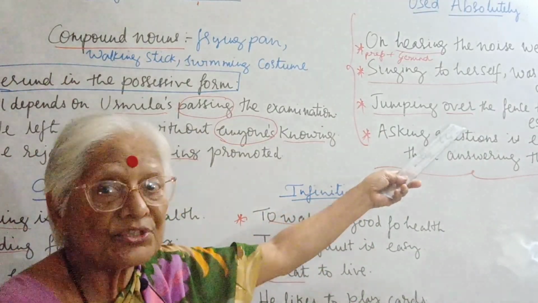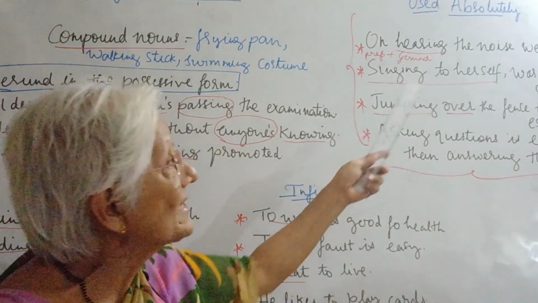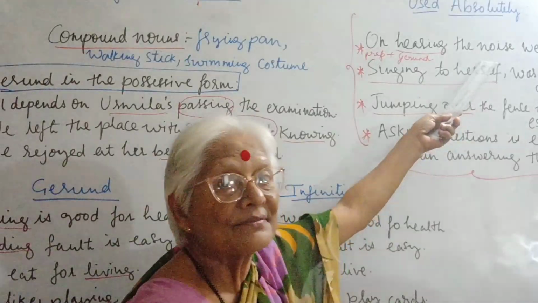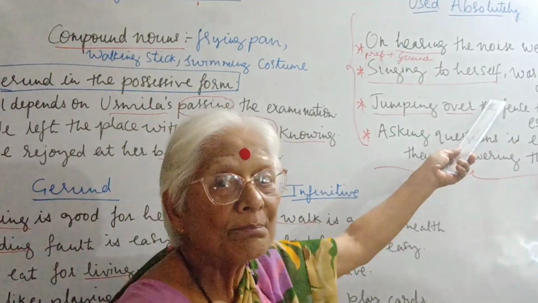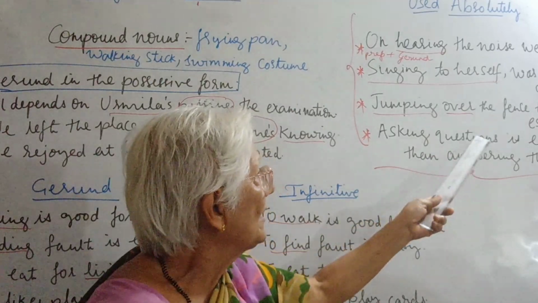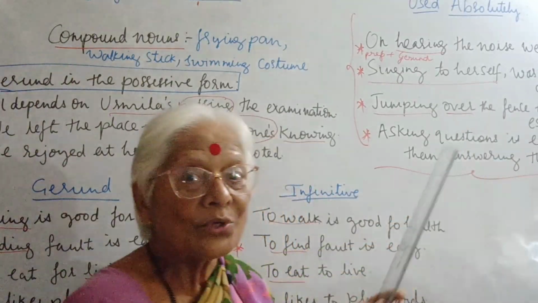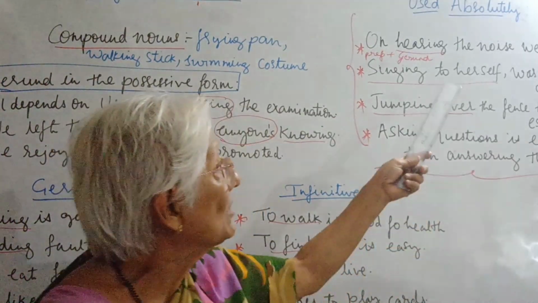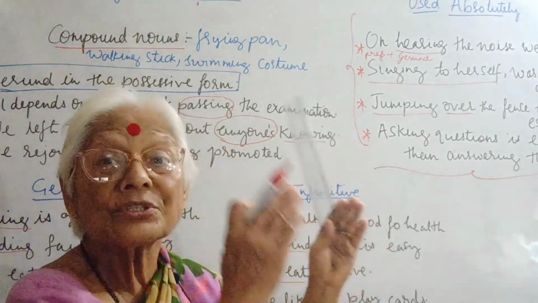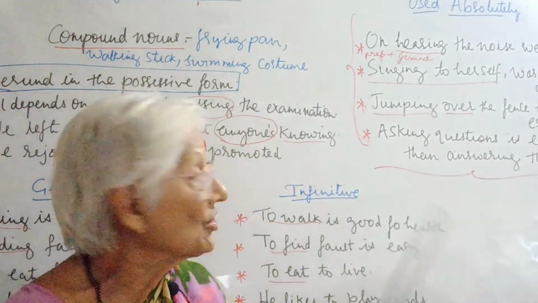Gerund plus preposition. One thing I'd like to bring to your notice: we are placing this in front of nouns. The noise. Here it's placed in front of the pronoun. Here it is placed in front of the noun. But these I call absolute because they are phrases that complete the sentence structure.